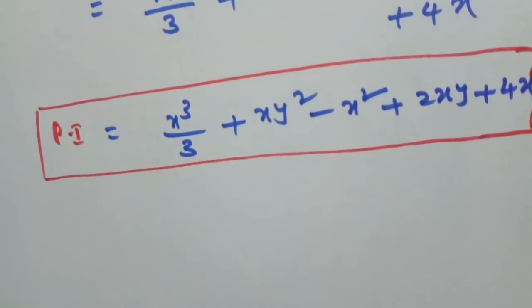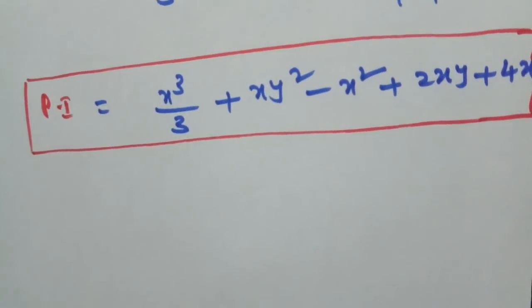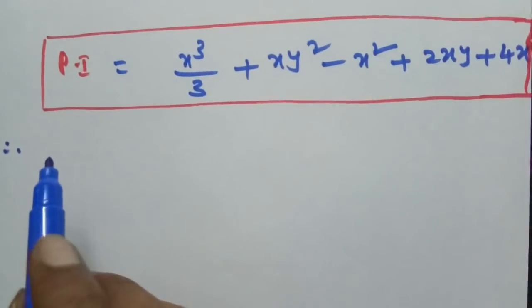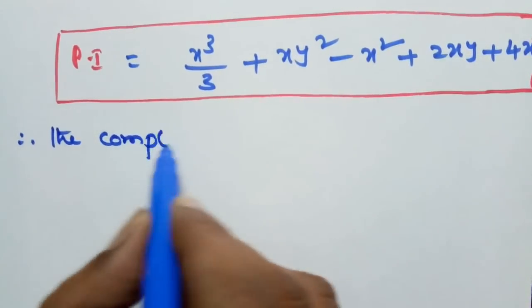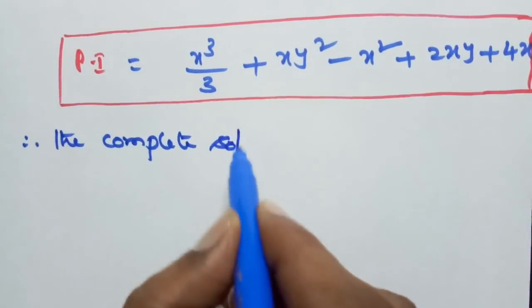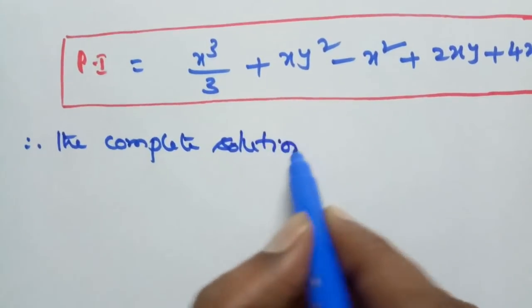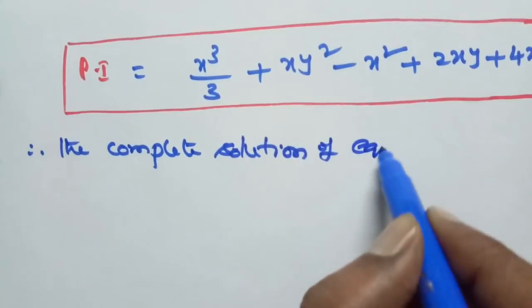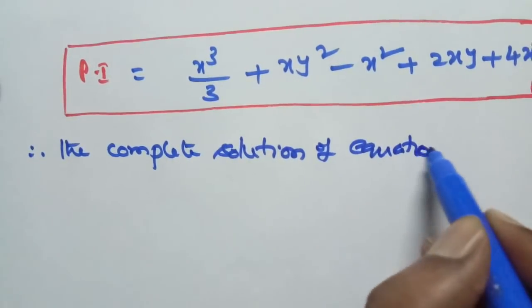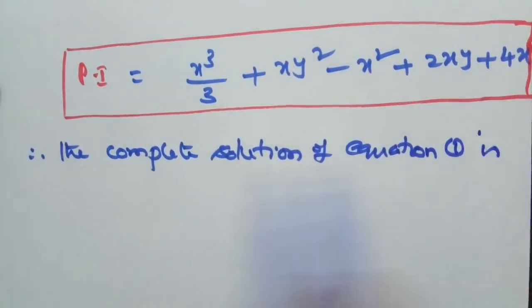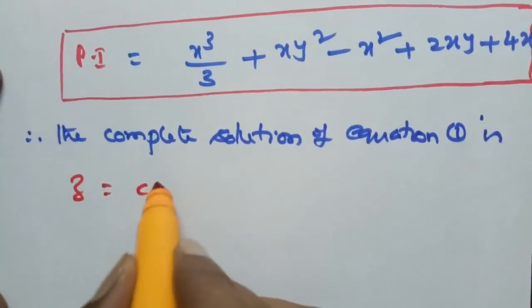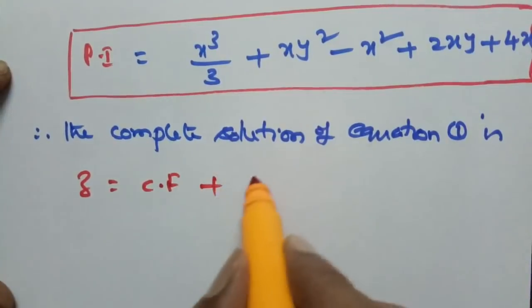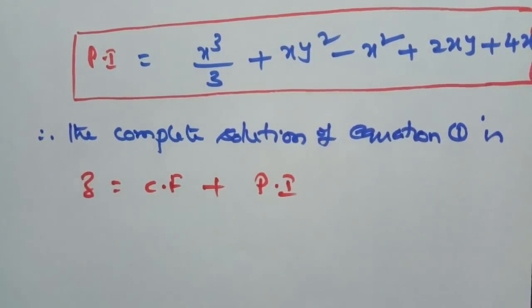Now, the complete solution. Therefore, the complete solution of equation 1 is z is equal to complementary function plus particular integral.